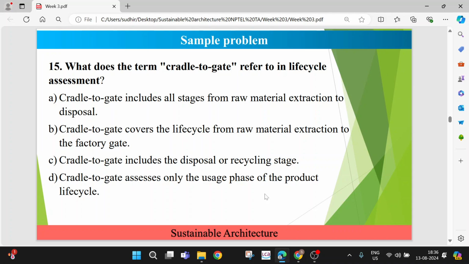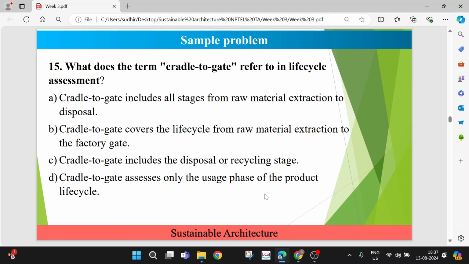Option B, sir. Option B. Now it is cradle to grave. This question is clear to all of you.